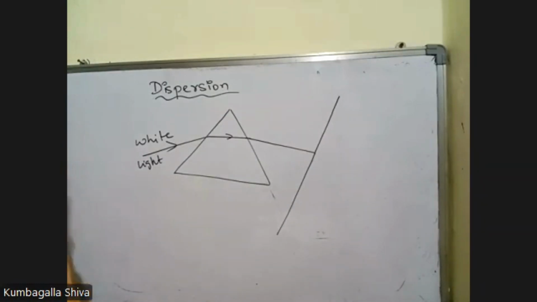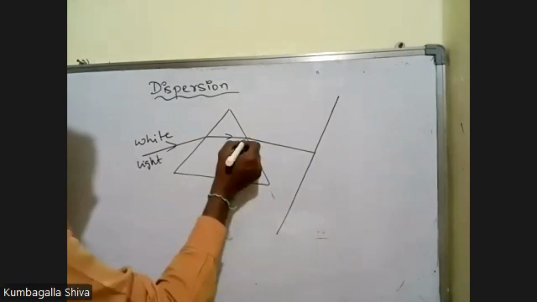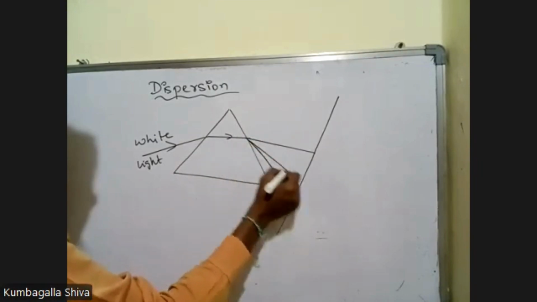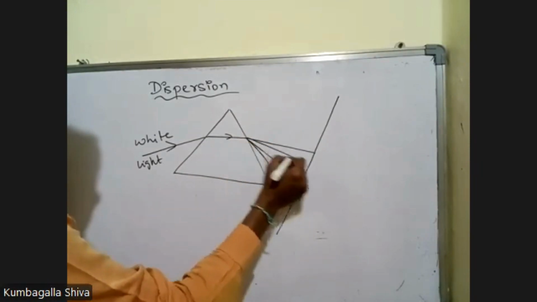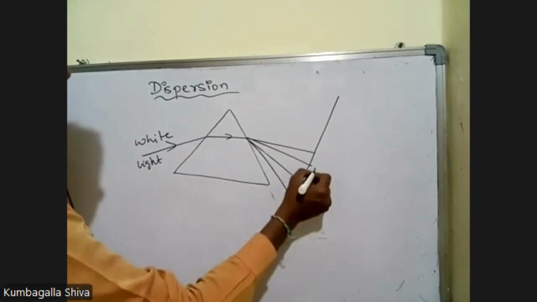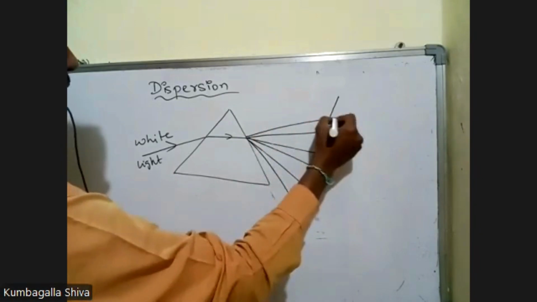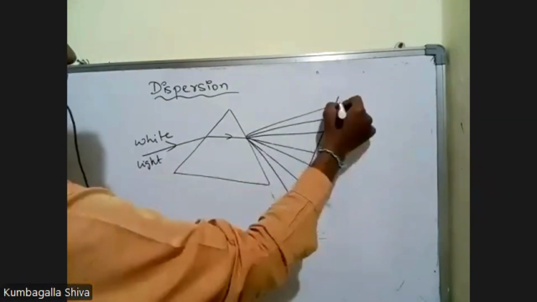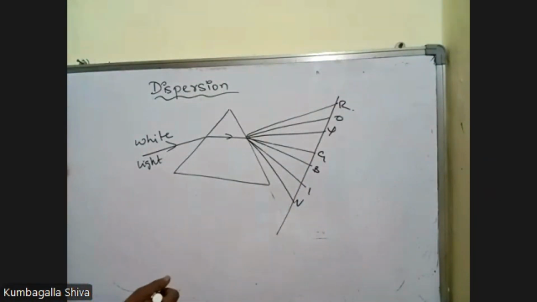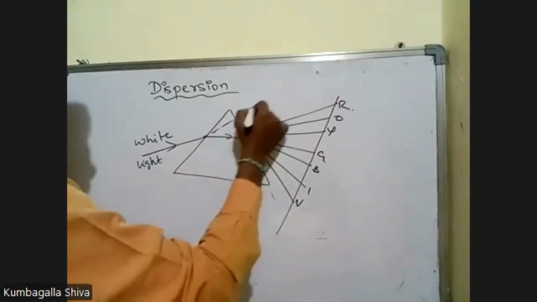One we are calling it as, first one we are saying that A, G, R. So what is that, this is the incident ray.